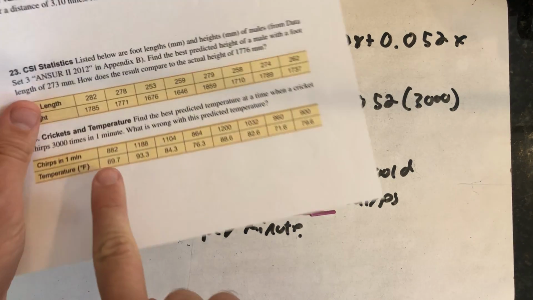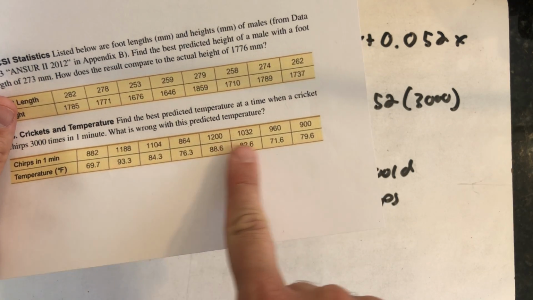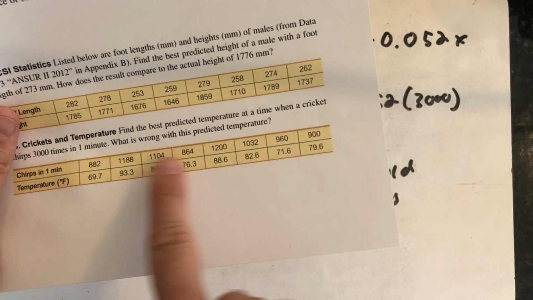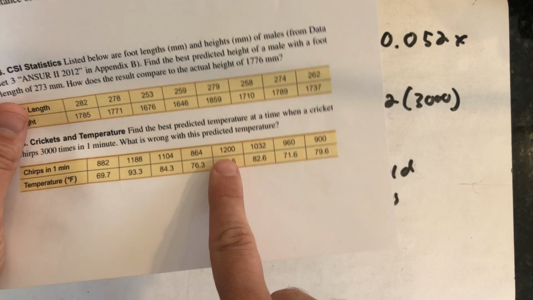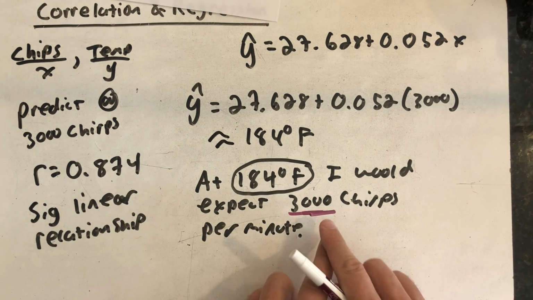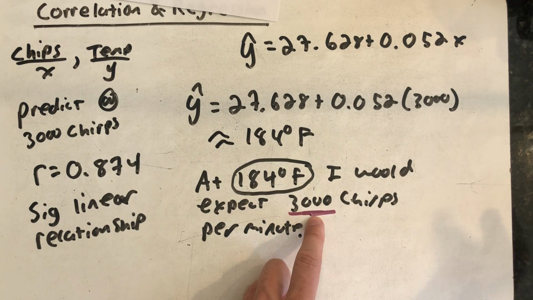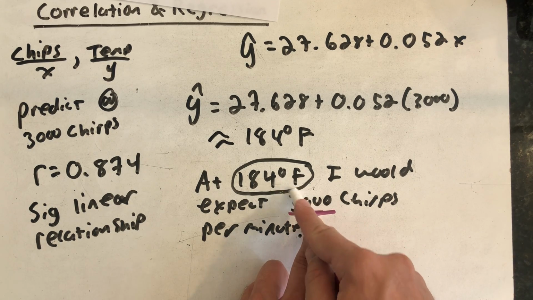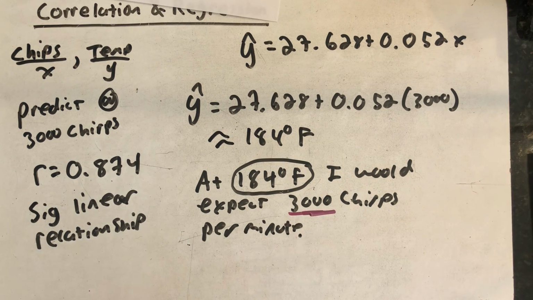And when I look at the amount of chirps in this table, none of them are even close to 3,000. The highest is 1,200, and 3,000 is more than 2 times that value. And so what we're doing here is we're extrapolating. We're using a data value that's so far away from the rest of the data that this wouldn't make any sense. And would probably kill the crickets anyway.